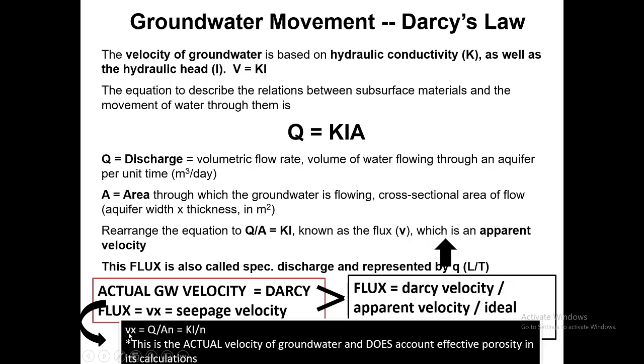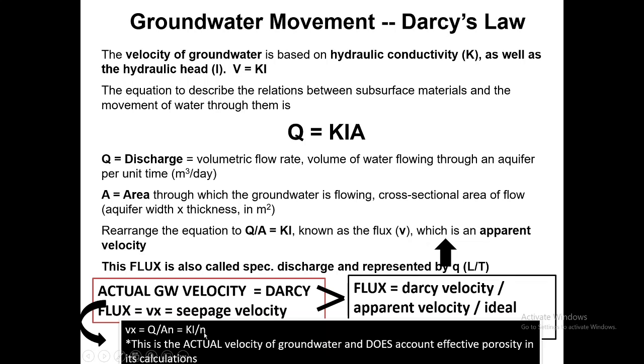Here Vx, which is the flux, is equal to Q over A into N. N is now the effective porosity, multiplied by the area, and is equal to Ki over N. Now this N factor is actually included in this case, and because of this, our velocity will be increasing.